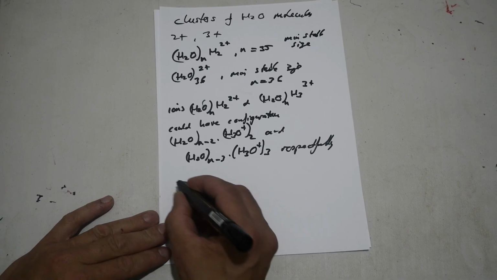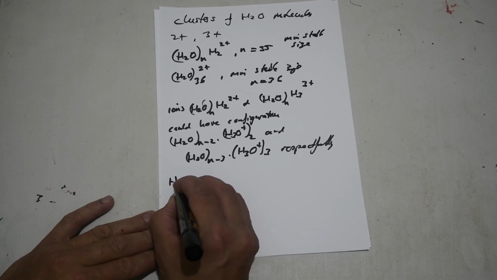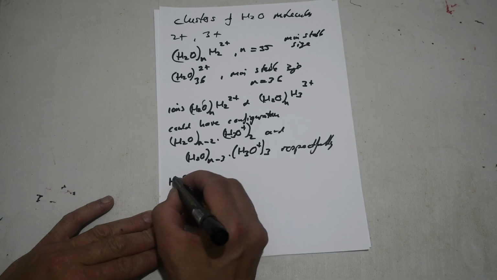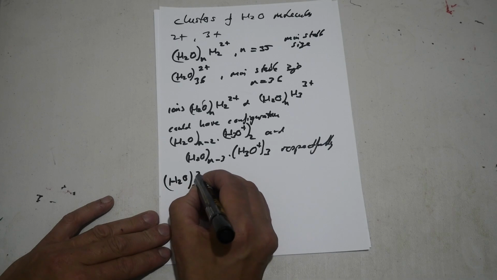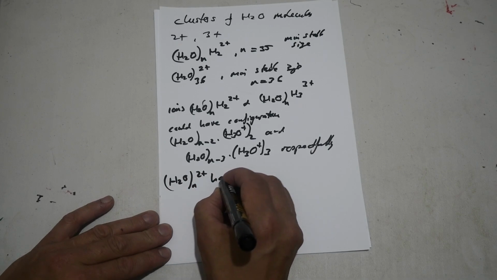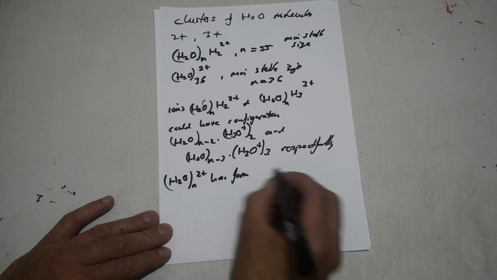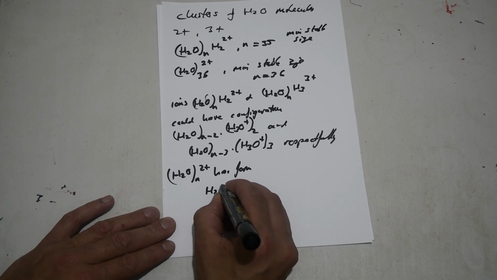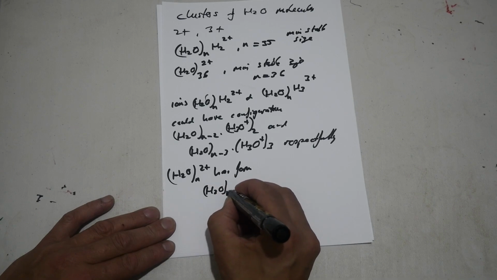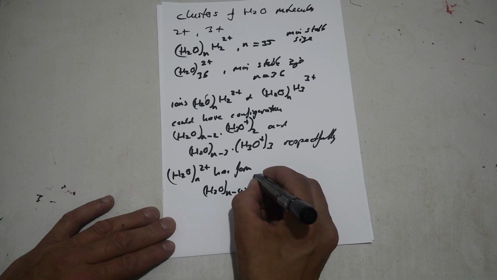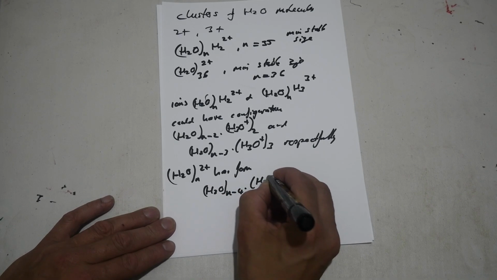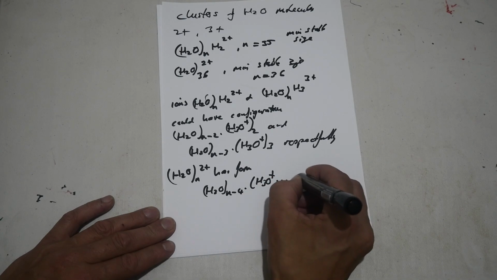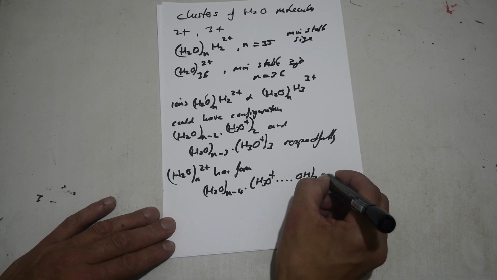And H2O N 2 plus has the form H2O N minus 4 dot H3O plus OH2.